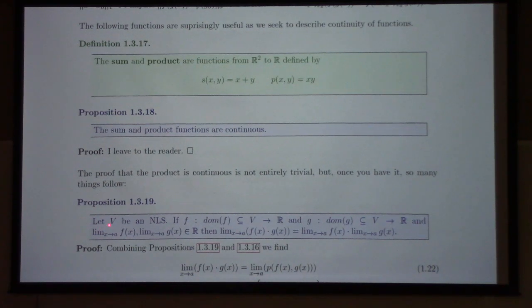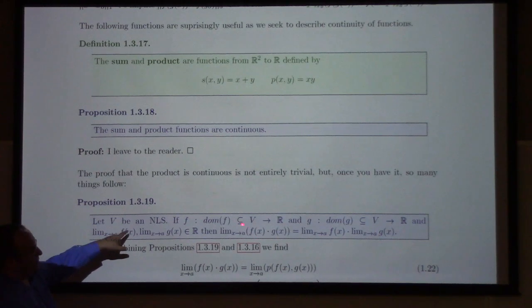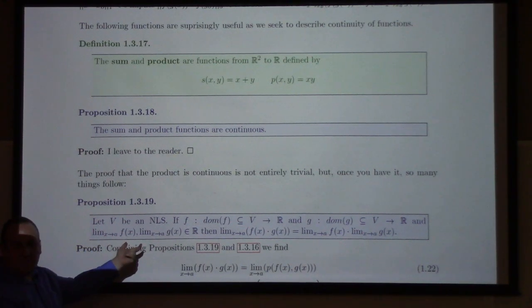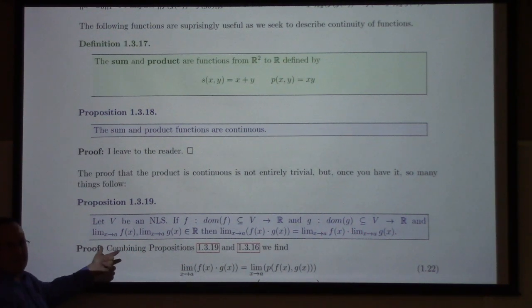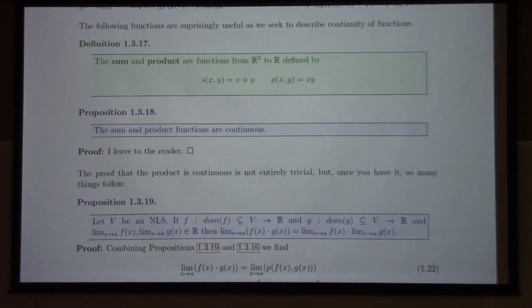By the way, if you have real valued functions, the product of real valued functions, so I'm supposing I have a function from a normed linear space to the real numbers, you can define the product of them. Well, then the limit of the product is the product of the limits, if they exist. So like the limit of f times g, which is just the product of real numbers, is the product of the limits. We also have this result. And how do you get that result?